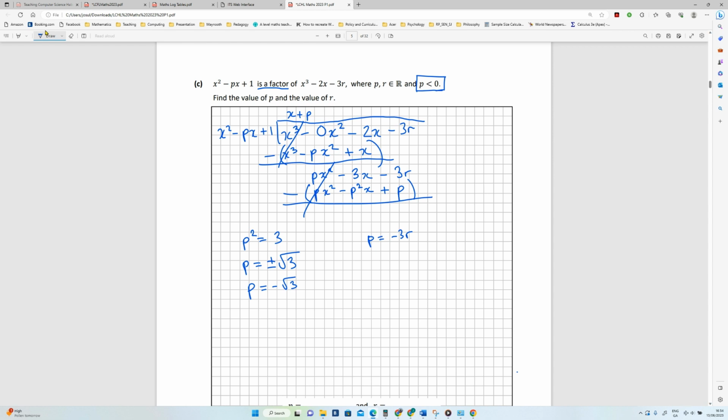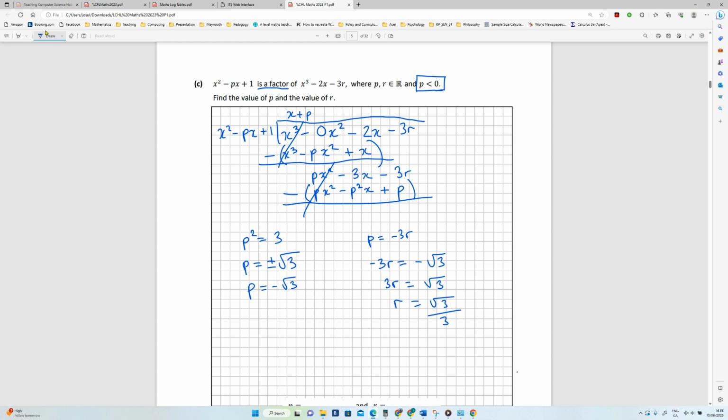Okay, the other one then is p is equal to minus 3r. So now that we know what this is, we can say minus 3r is equal to minus root 3. Multiply both sides by minus 1. I get 3r is equal to root 3. So r is equal to root 3 divided by 3.